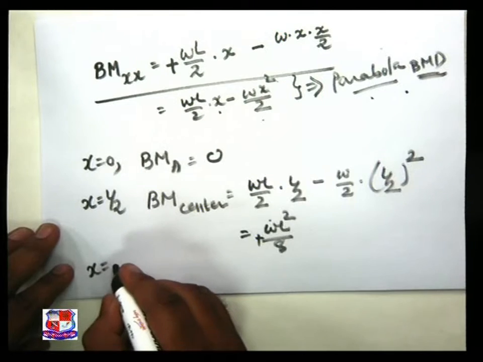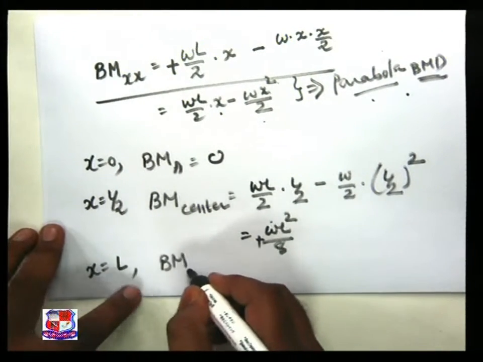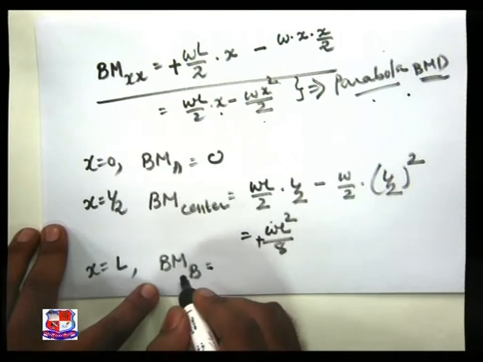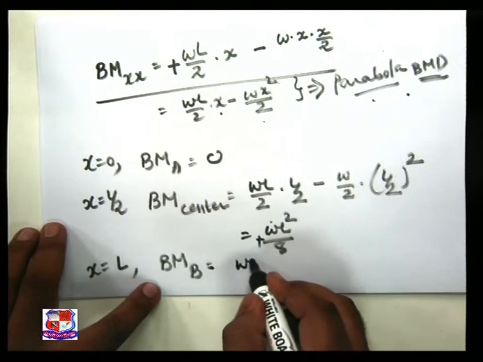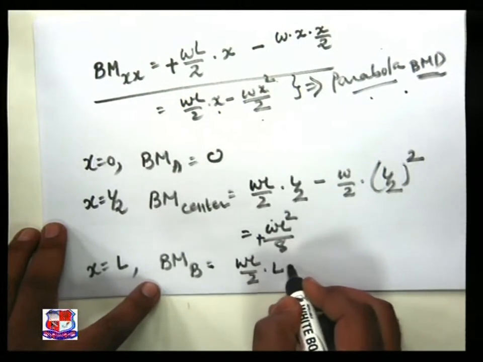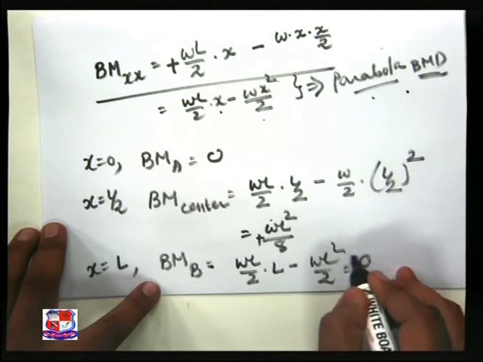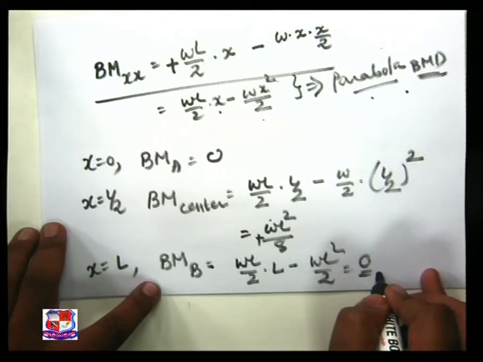Taking X is equal to L, we find out bending moment at support B. Obviously at the two supports, the answer must be 0. So WL by 2 into L minus WL square by 2 is nothing but 0, because both terms are similar with negative signs. The answer comes to be 0.